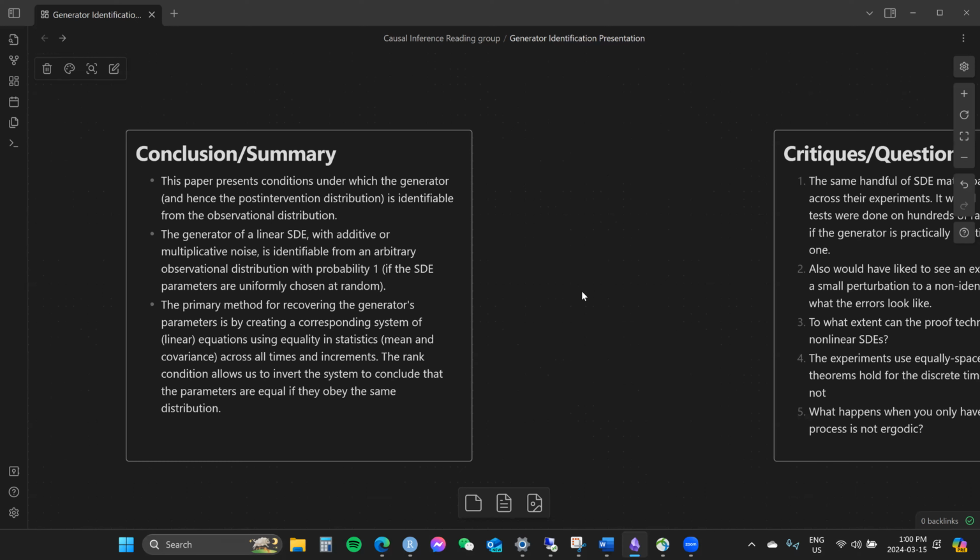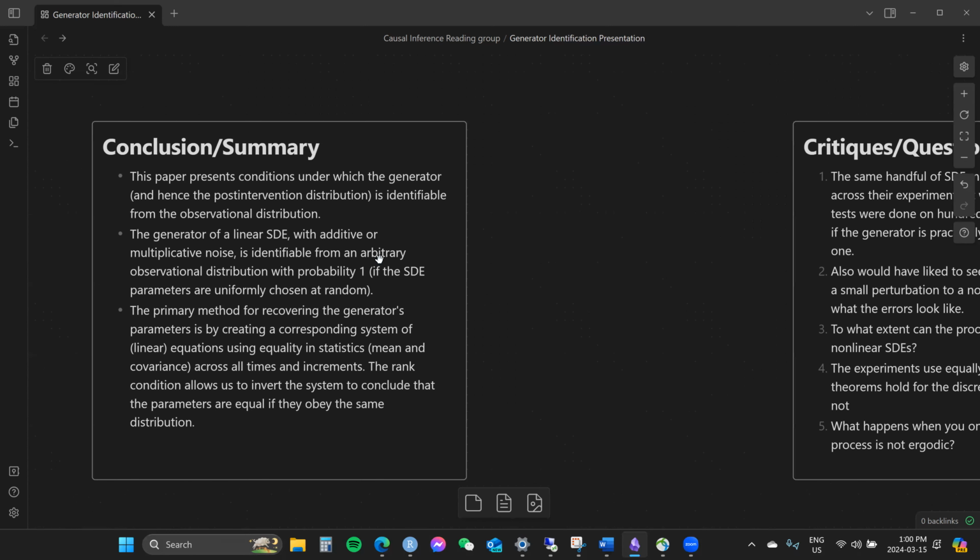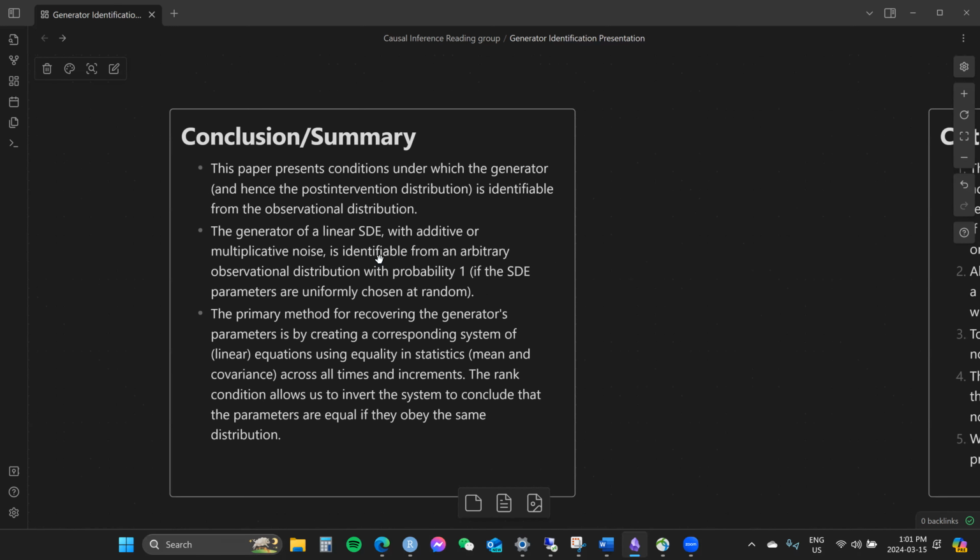So from this paper, I'd say there are 3 main points to conclude and summarize. It presents conditions under which the generator, and hence the post-intervention distribution, is identifiable from the observational distribution. They show that the generator of the linear SDE with additive or multiplicative noise is identifiable from an arbitrary observational distribution with probability 1 if your SDE parameters are sampled uniformly.